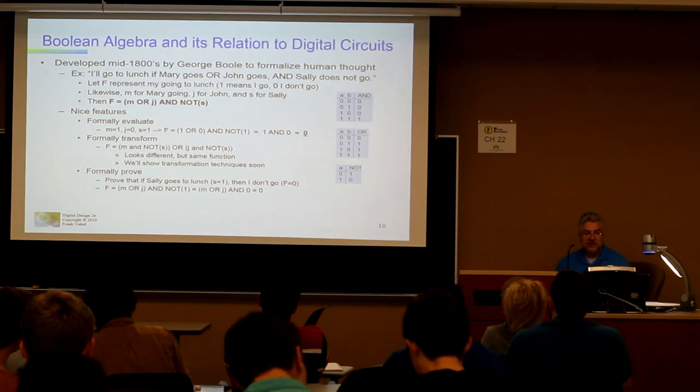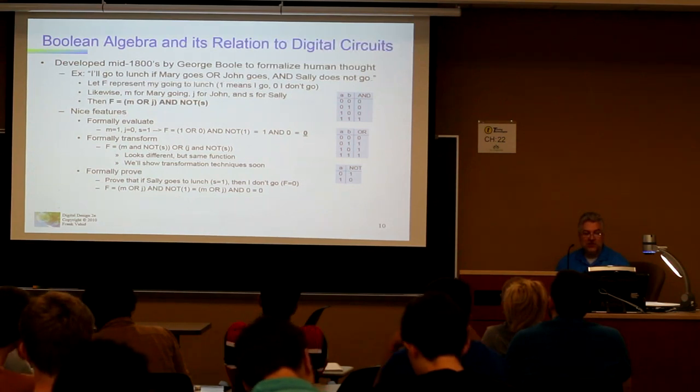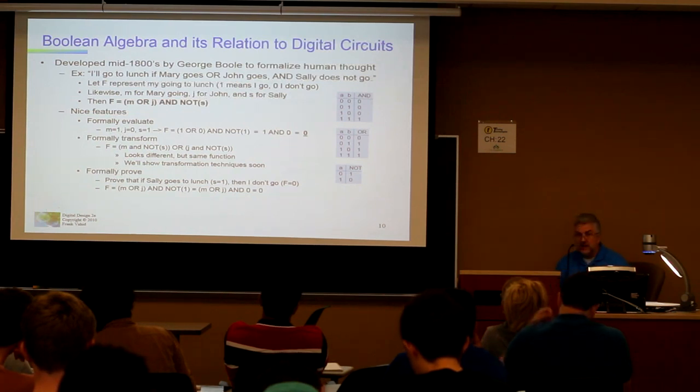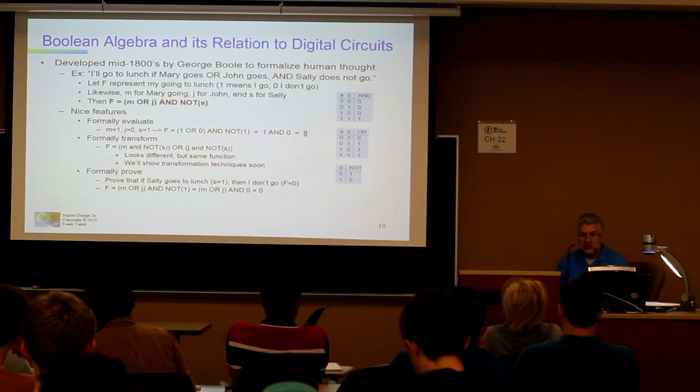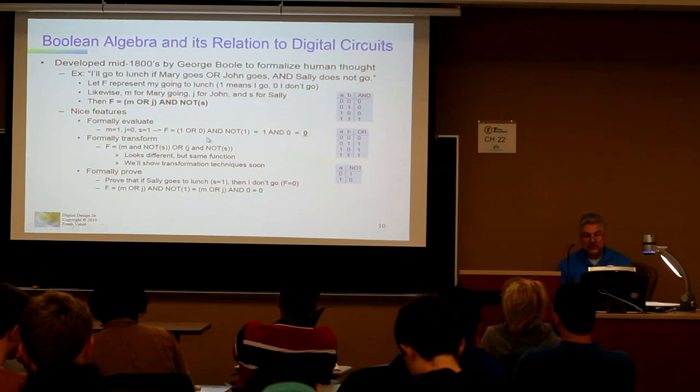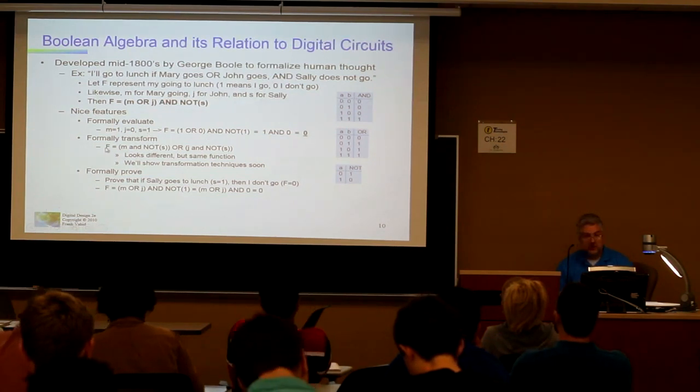And the nice thing about this is that you can evaluate this as the following. And we're going to be looking at different types of ways to express this formula. So this actually is the same as F, that means I'm going to lunch.